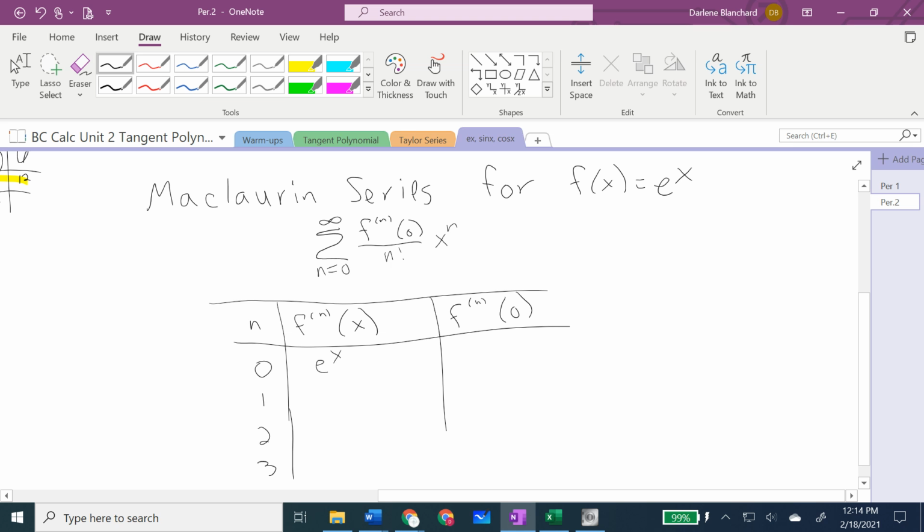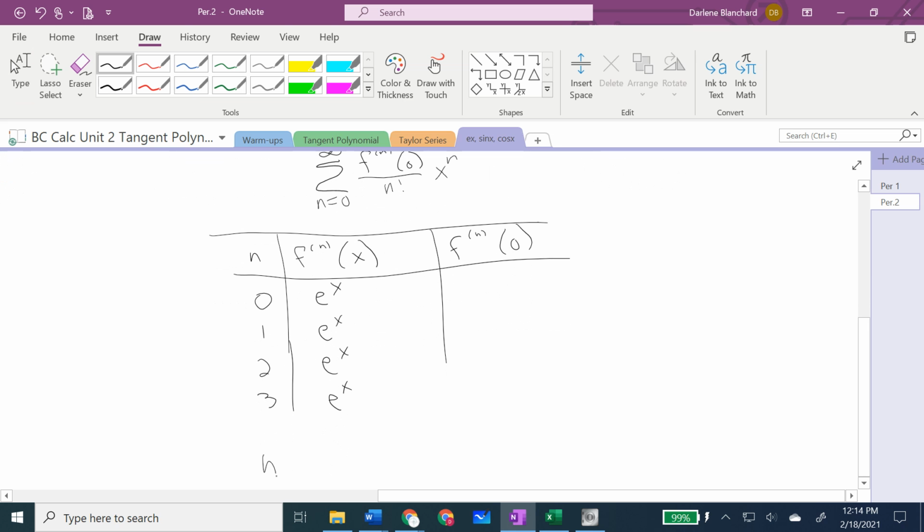Its derivative is e to the x. And the derivative of e to the x is e to the x. And the derivative of that is e to the x. Therefore, the nth derivative is going to be e to the x.